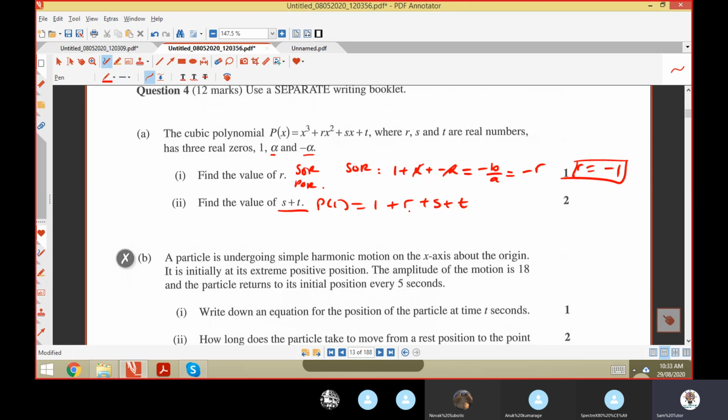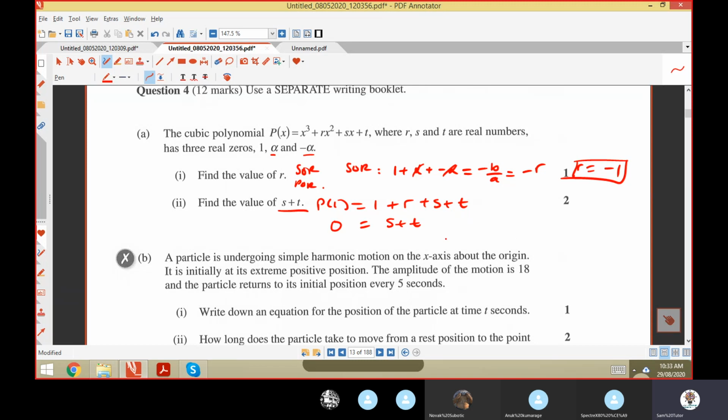What does r equal to? Minus 1. And then what is p of 1 meant to equal to? You're done. s plus t is equal to 0. Maybe those 2 marks were easier than that 1 mark. See? So don't get rid of the idea altogether.